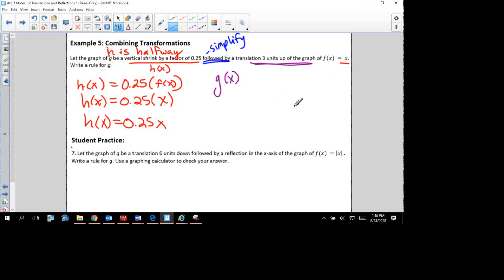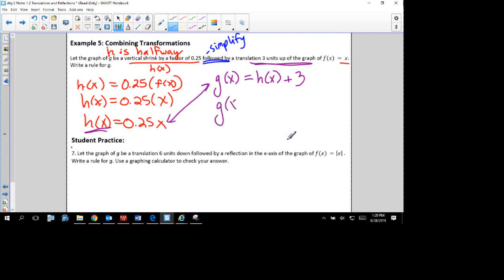It says now we need to do a translation 3 units up. But that 3 units up has to go off of the h of x function. We first shrank it. Now we're going to go up. So I'm going to start with my h of x function, this one here. And to go up, I add 3. So I'm starting with the previous function, add 3.